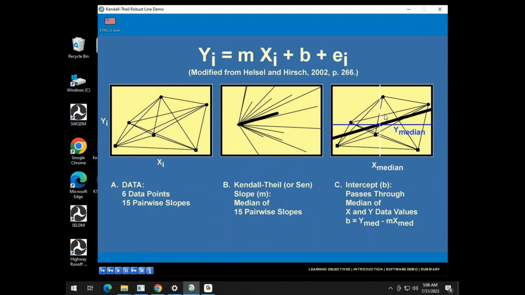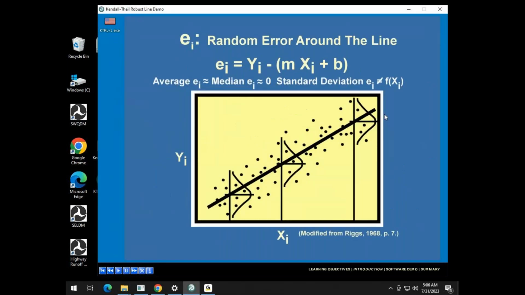Graph B is a schematic diagram showing how one would sort the slopes graphically to determine the median slope, designated as M. Graph C is a schematic diagram showing how one would take a line with the median slope and determine the intercept, designated as B, so that the line passes through a point defined as the median of x and y values. The Kendall-Theil Robust Line is considered robust because the median slope and intercept are not influenced by the values of a few outliers.